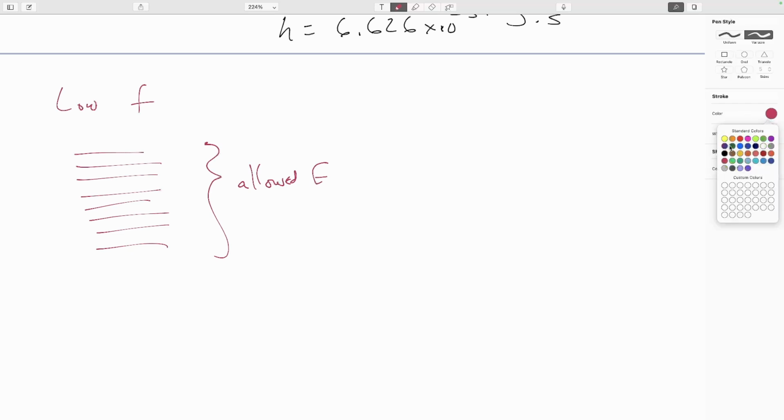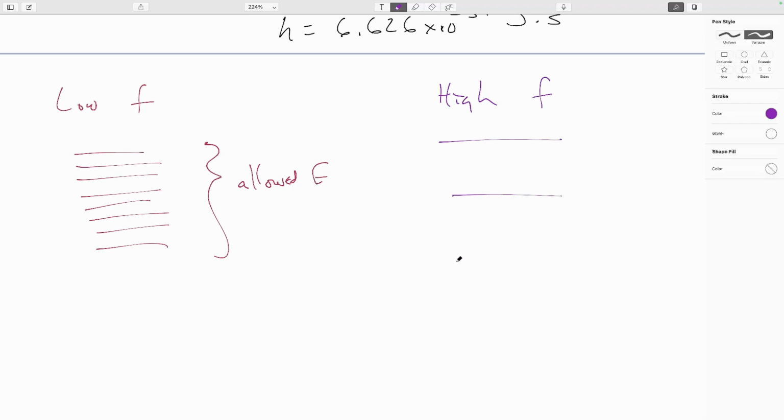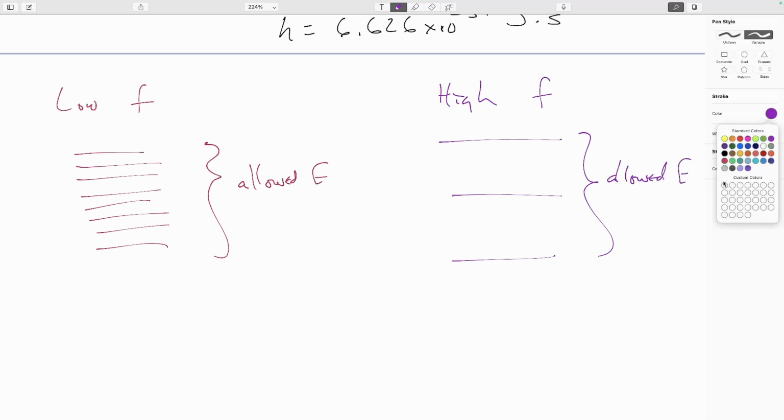For high energies, high frequencies, the spacing of our allowed energies is greater. And so it's just plain harder for us to change one of these frequencies to get up into a higher state.